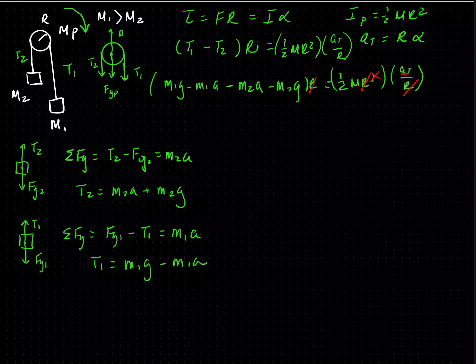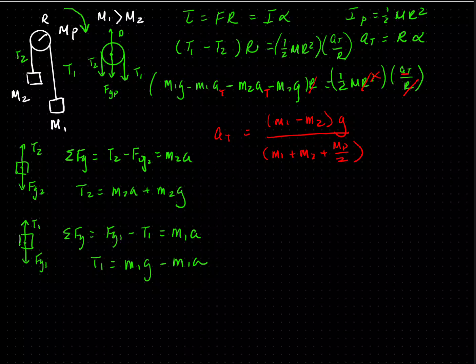Move all the quantities with a tangential on one side and solve for a tangential by factoring it out. So a tangential becomes (M1 minus M2) times g, because both of them are multiplied by g, divided by M1 plus M2 plus the mass of the pulley divided by 2. So this is the tangential acceleration for the system.